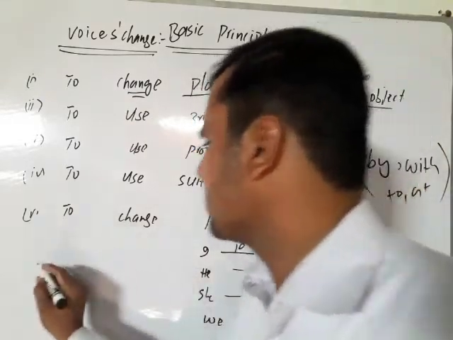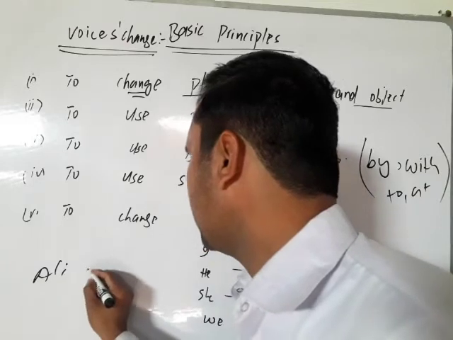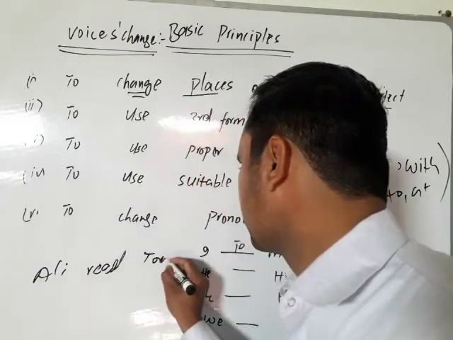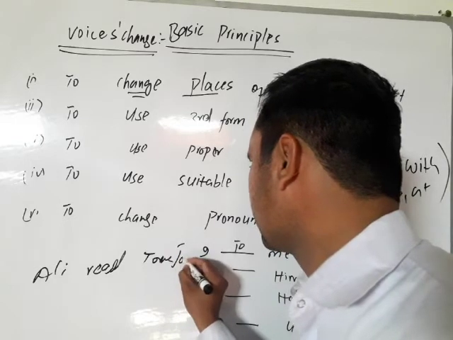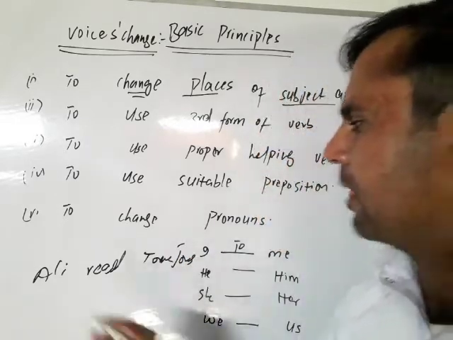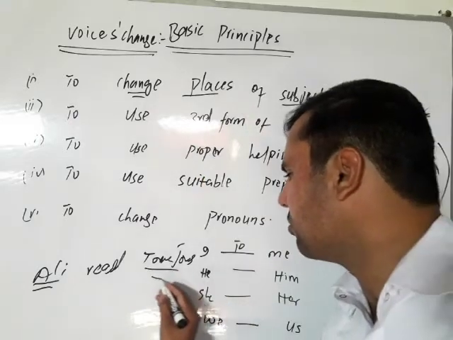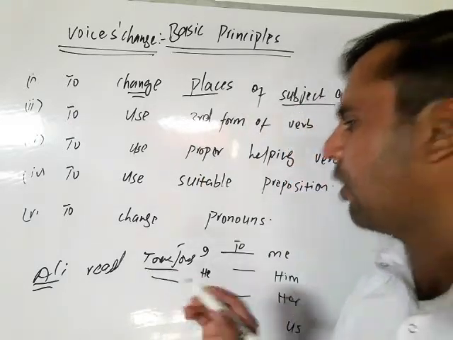Suppose we have a sentence, Ali read Tom Jones. Now, Ali is subject, Tom Jones is object.